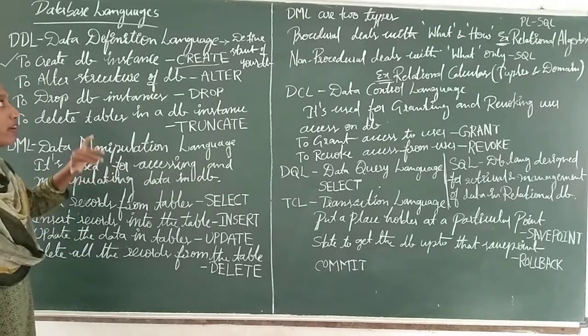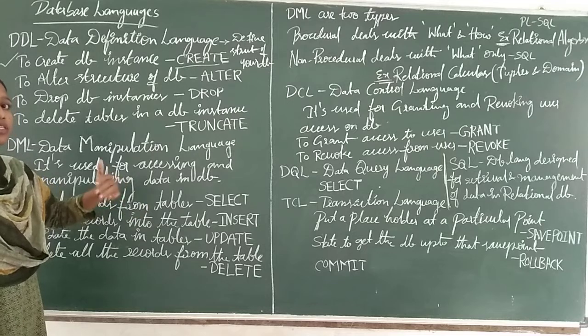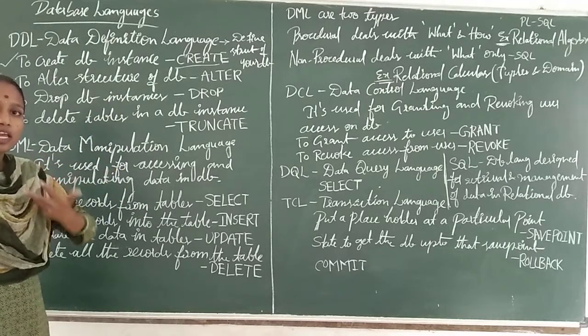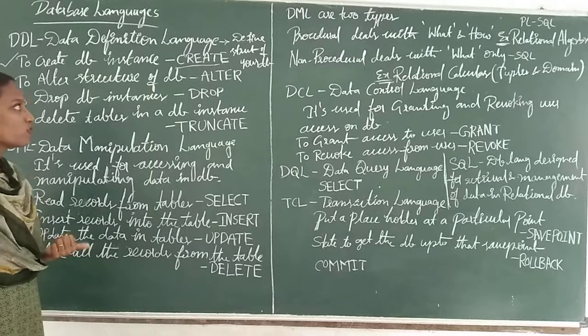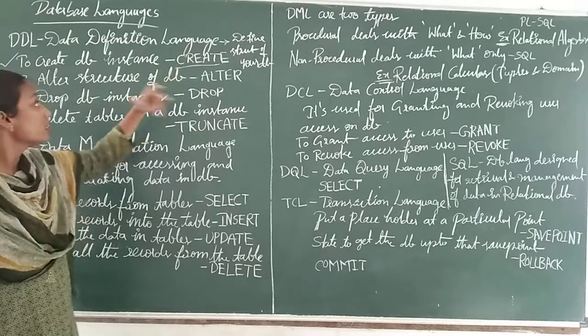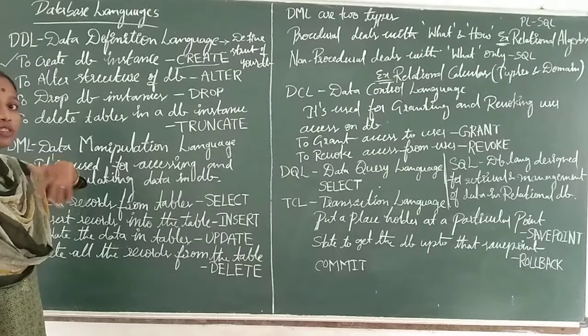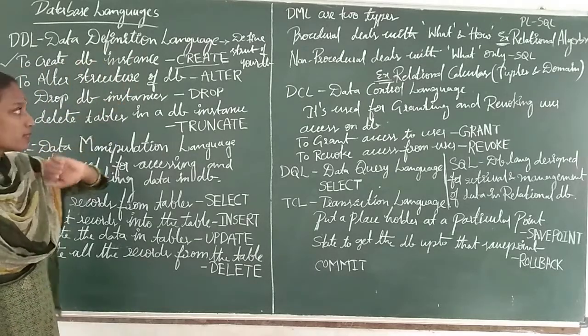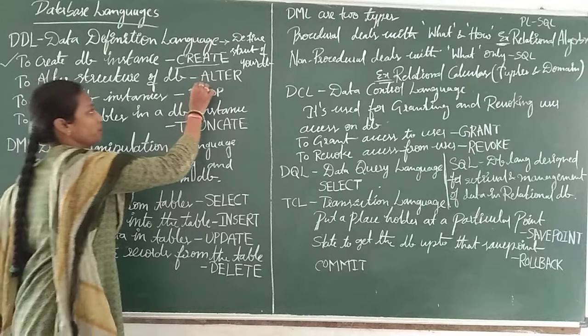With the help of those details we start creating a table in the database system. Here we use the create command in the data definition language to create a database instance.